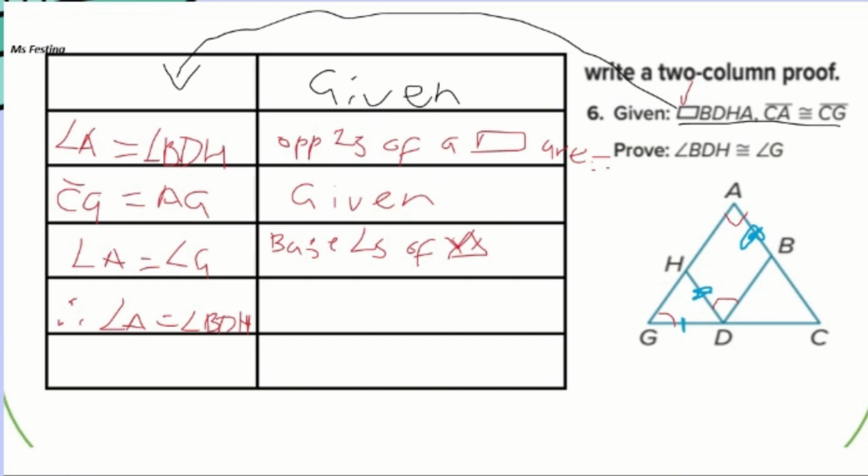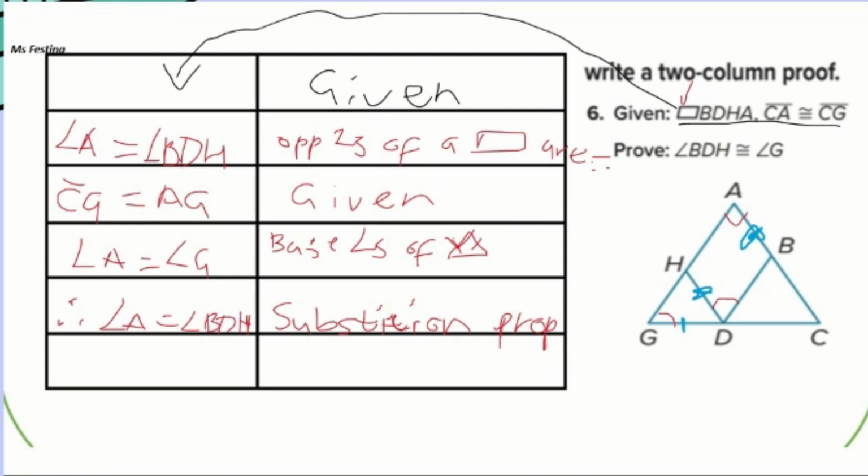So why? We just use the substitution property. We just deduce that because we have shown it in our diagram. So you just write substitution property. So you just substitute the values there to show that it's equal if you are given the values. So I'm just gonna write substitution prop, but it means substitution property. With the right pen that you are using, you can be able to write that in the right way.